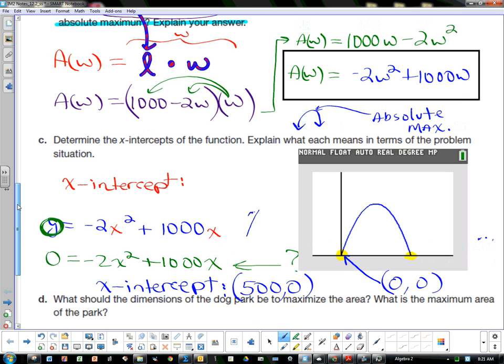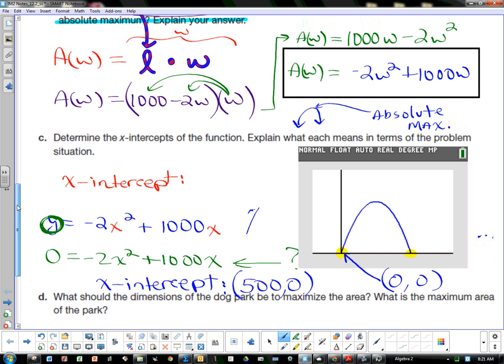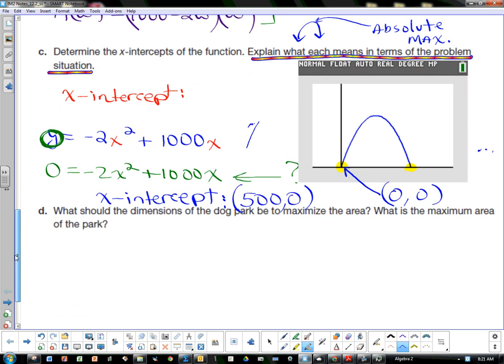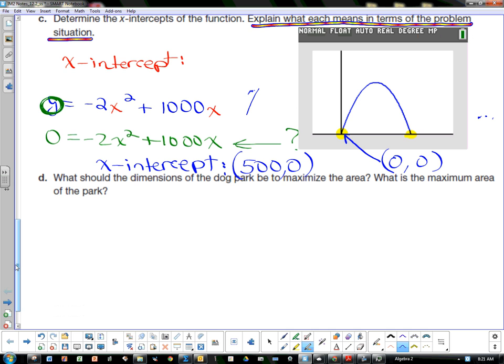Now, on any kind of assessment we give you, I'm going to tell you right now that you are going to have to explain what these x-intercepts mean in terms of this problem situation. Let's just point at this 500, comma, 0 for a moment.